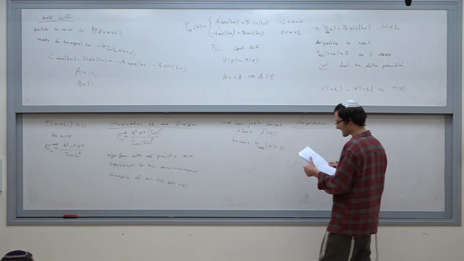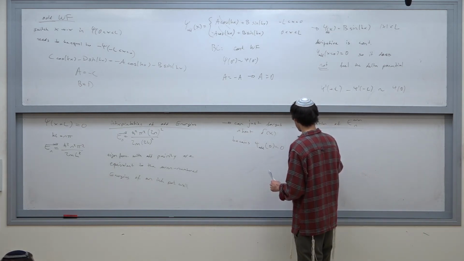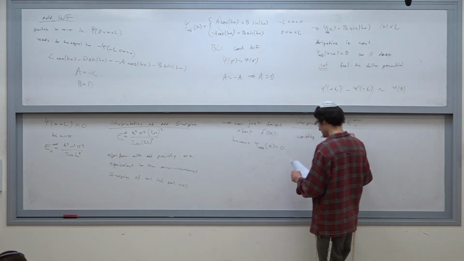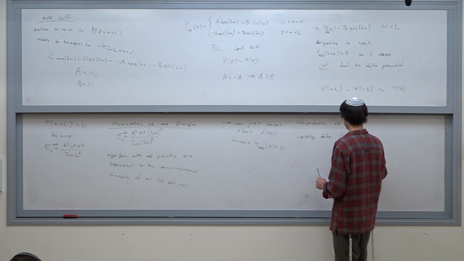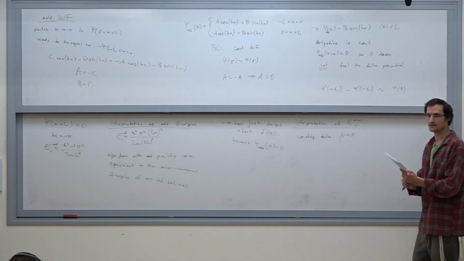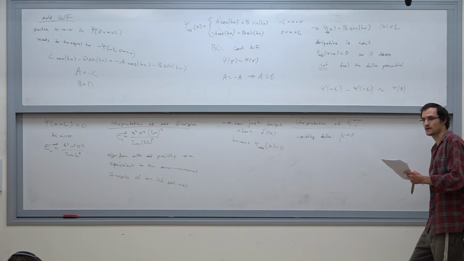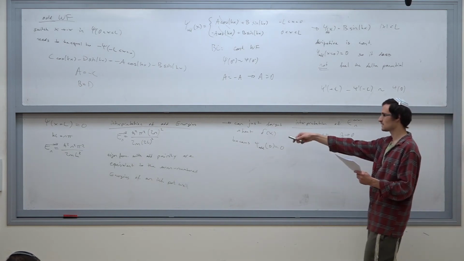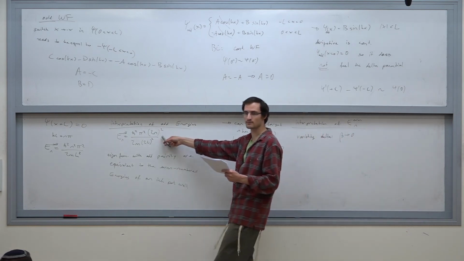So let's first of all look at the case where the delta vanishes. That's the limit where beta goes to 0. In this case, we expect to obtain the missing energies for the regular potential well, right?